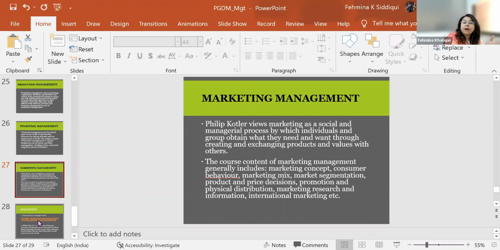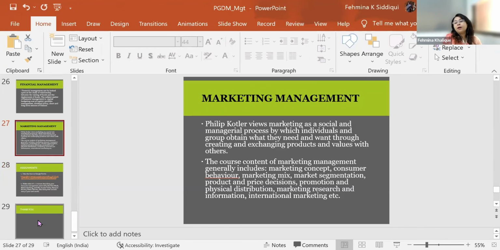You can also divide the market as per the financial budget of each family or customer, or on a gender basis, or segment the market as per age. And there can be a lot of segmentations, demographic and psychographic, that you'll be learning in the marketing subject. Physical distribution, marketing research, international marketing, these are all parts of marketing management.